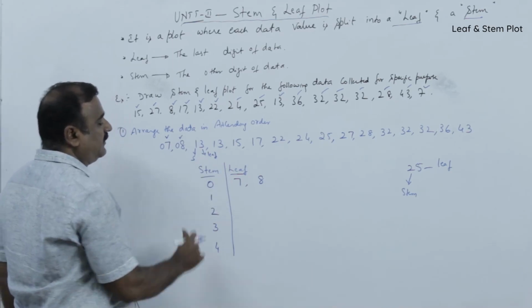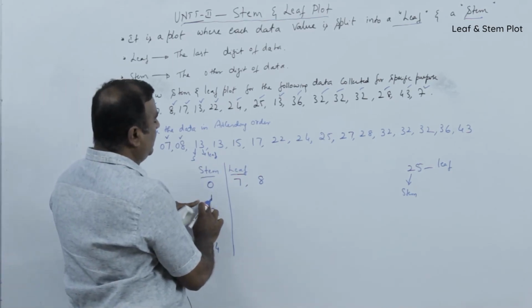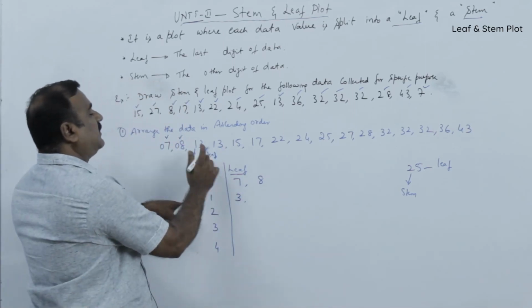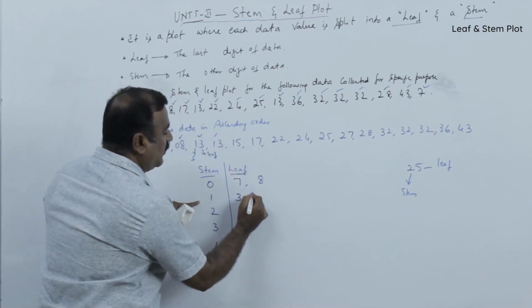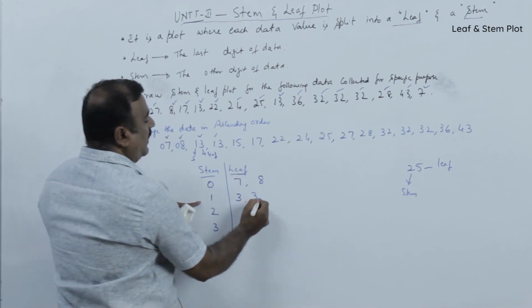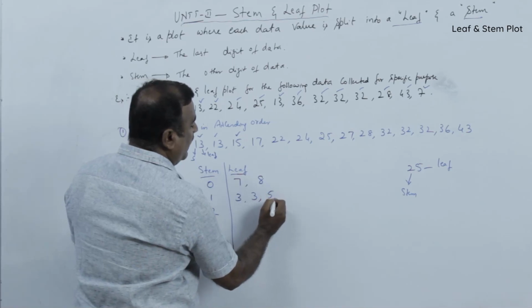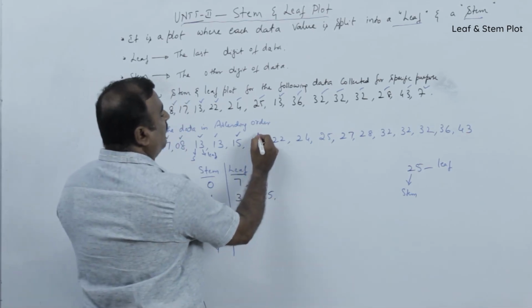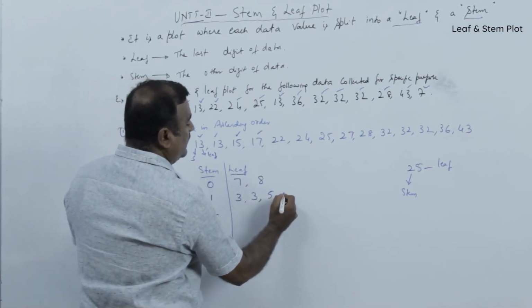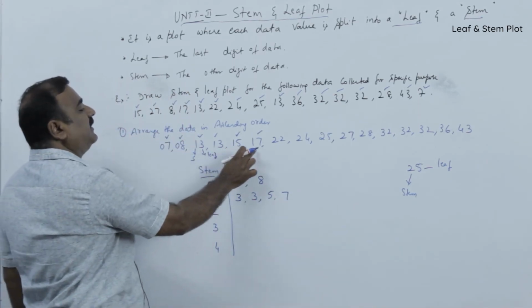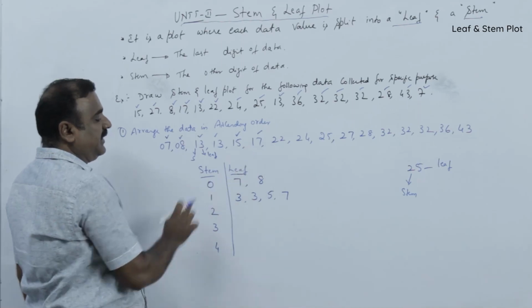The 1 is already in the stem and I am writing 3 here. Another 13 is there, so one more 3. Then 15 and 17 also are there, with leaves 5 and 7. So 13, 13, 15, 17 are shown in the stem and leaf plot.